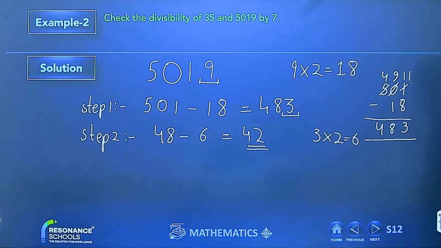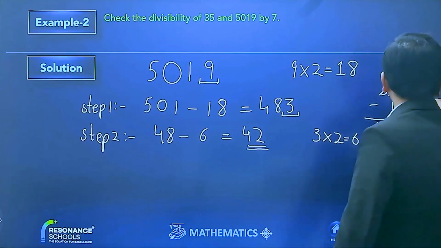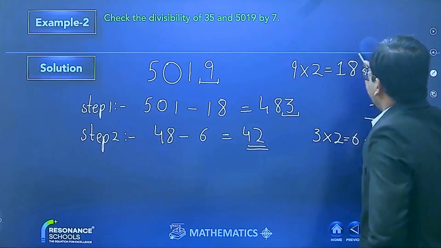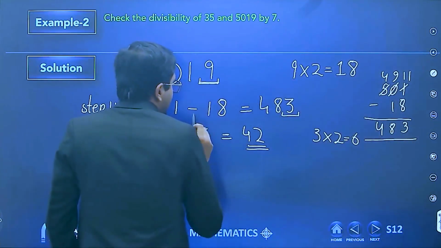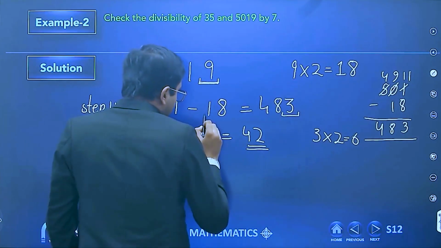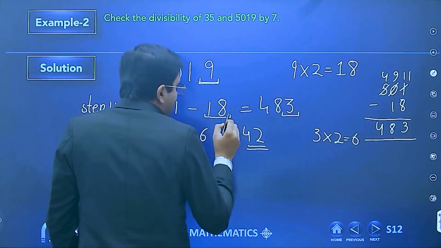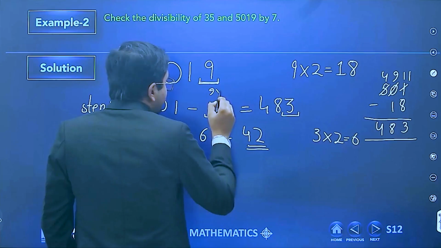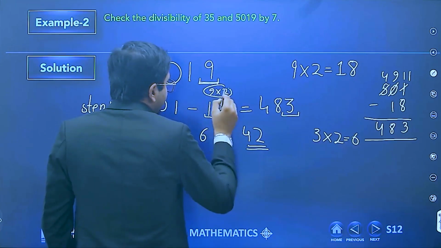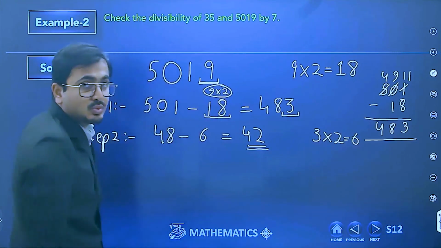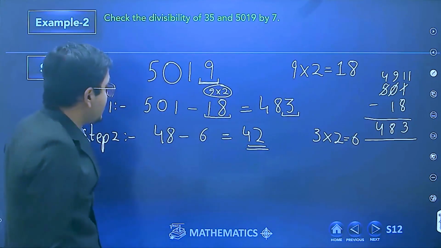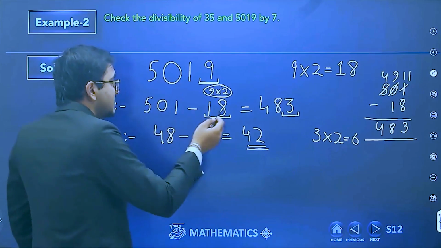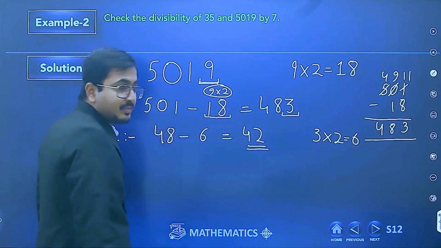Okay, didn't understand this part? Please check. The last digit is 9. This 18 which is there, how did I get 18? This is because of 9 into 2. I multiplied the last digit with 2 and subtracted from 501: 501 minus 18 is 483.